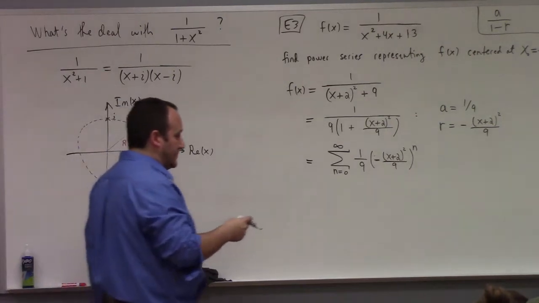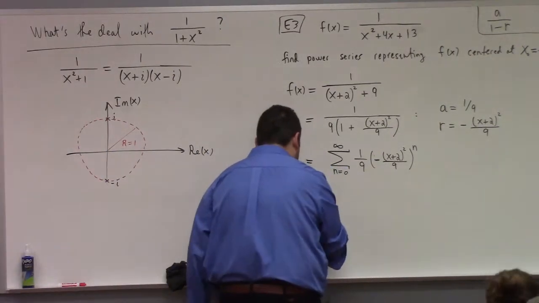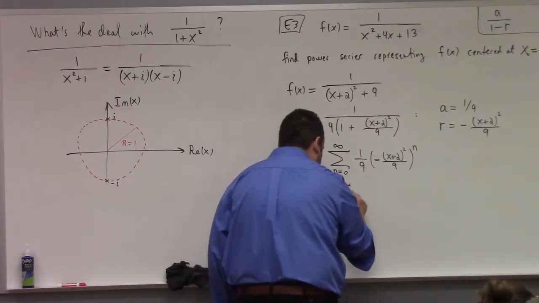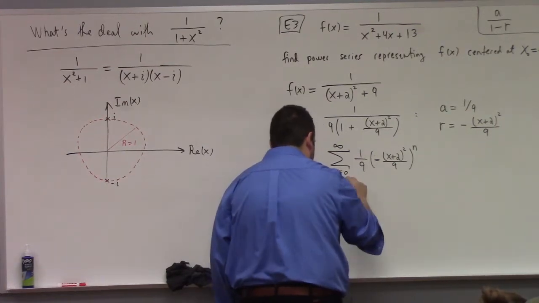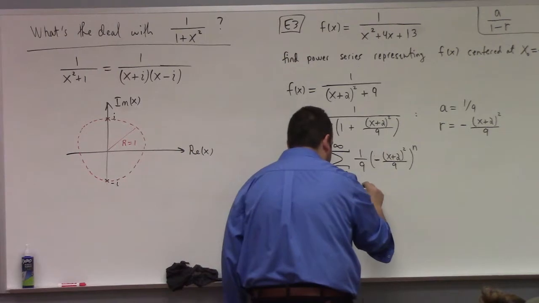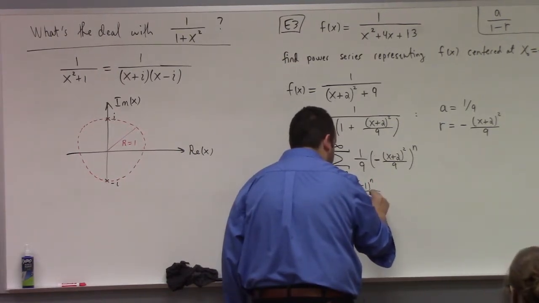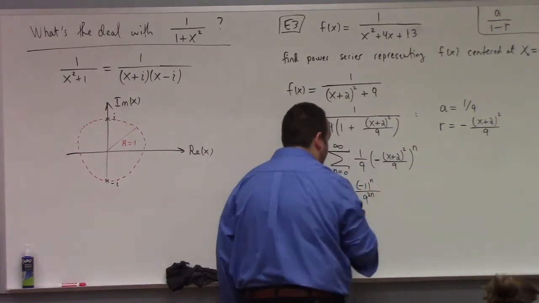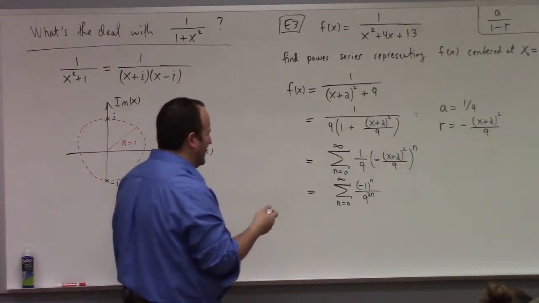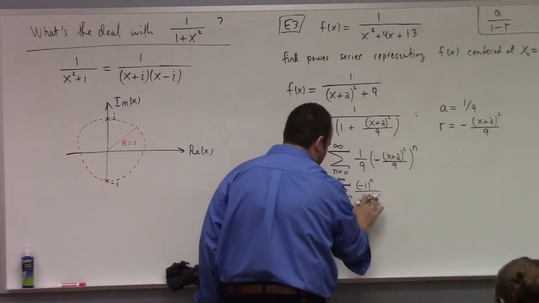Now we need to clean this up. So we're looking at the sum n equals 0 to infinity of minus 1 to the n over 9 to the 2n. But not 2n, I'm an idiot. 9 to the what?